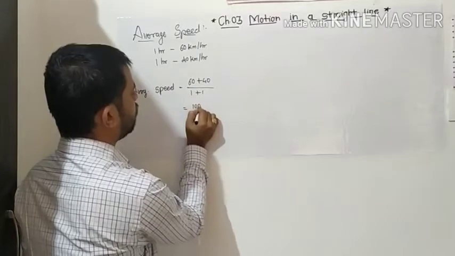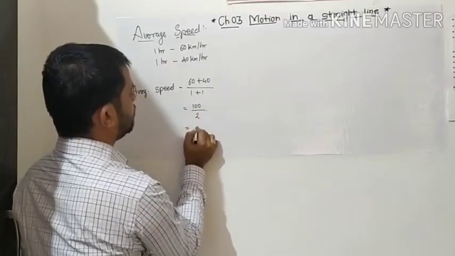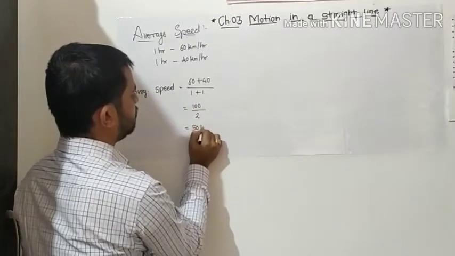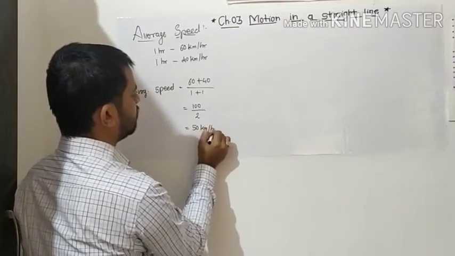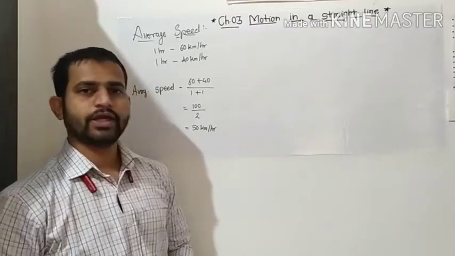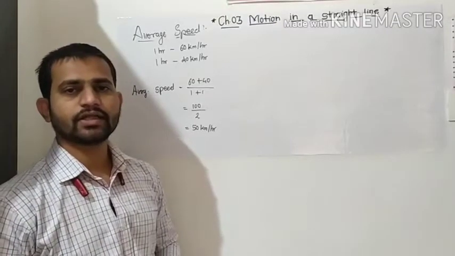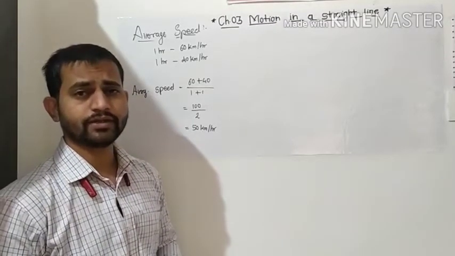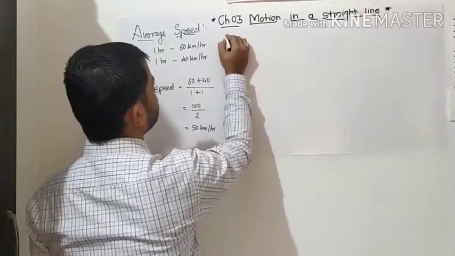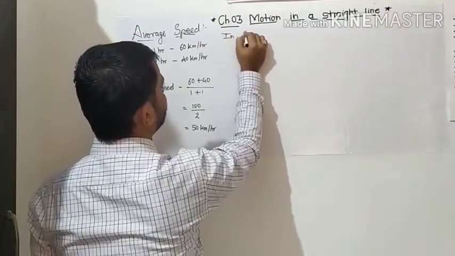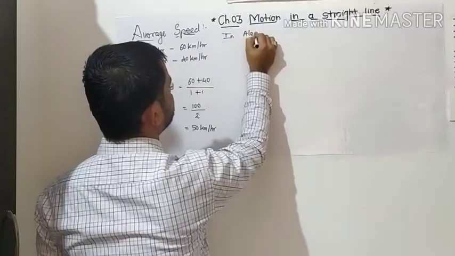So 100 upon 2, it will be 50 kilometer per hour. But if we take it like the one numerical, then in algebraic form we can form one equation for such type of examples.